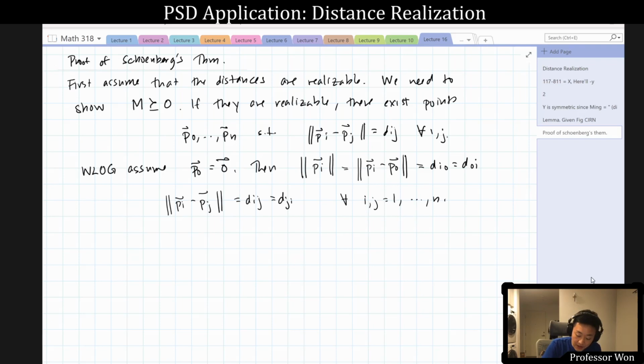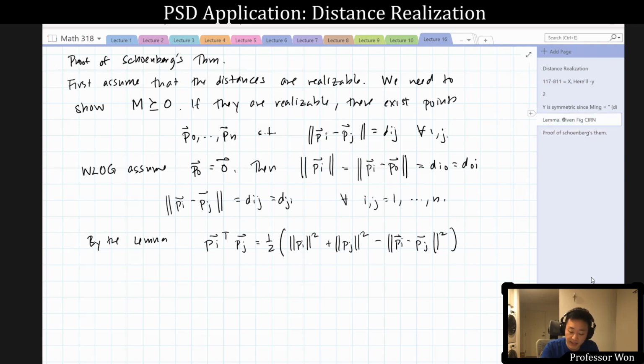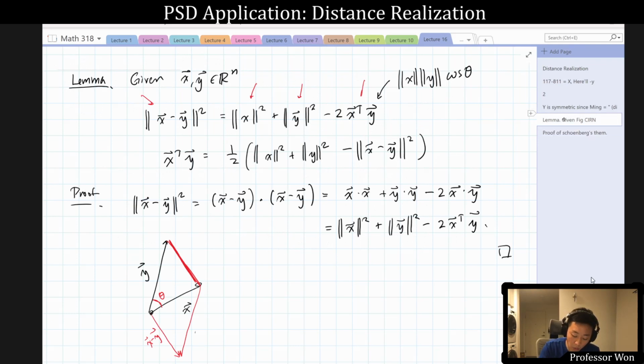Okay, now, by the lemma, what is pi transpose pj? Pi transpose pj is 1/2 the length of pi squared plus the length of pj squared minus the length of pi minus pj squared. All I've done is take x to be pi and y to be pj in this formula.